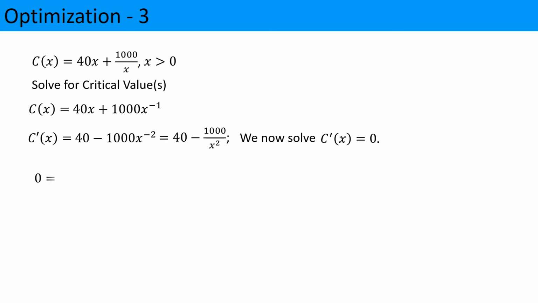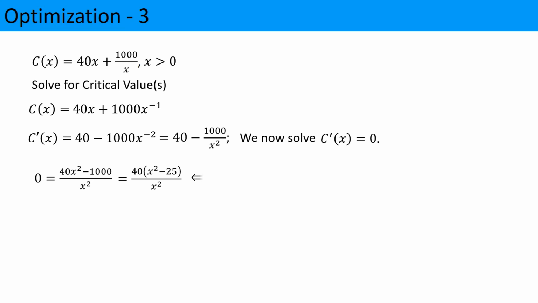So we'll have that 0 is equal to 40x squared minus 1,000 divided by x squared. The numerator has a common factor of 40, so let's take that out, and we'll get that equal to 40 times, and in the numerator, x squared minus 25 in parentheses, the denominator stays the same. It is still x squared.